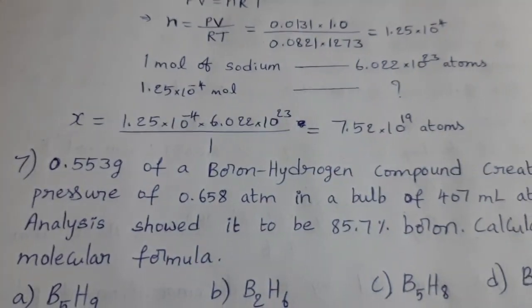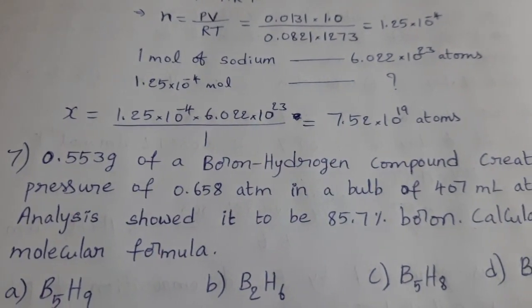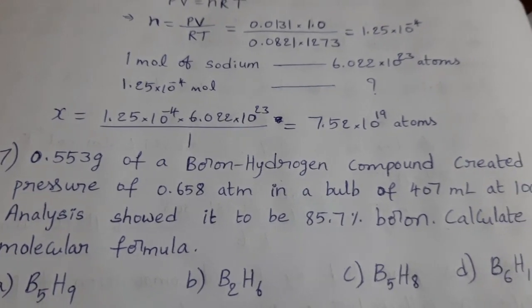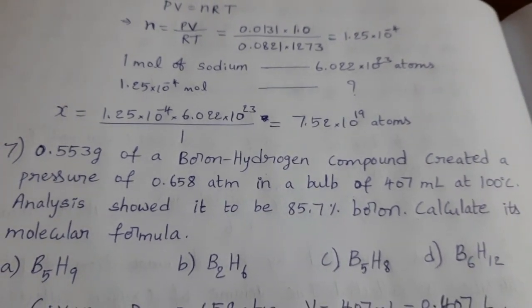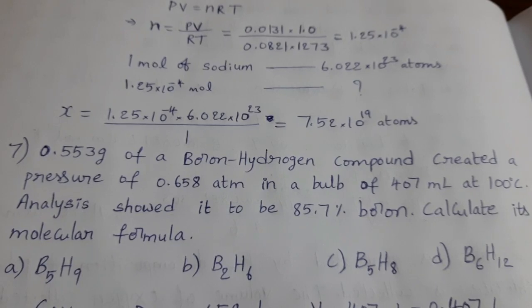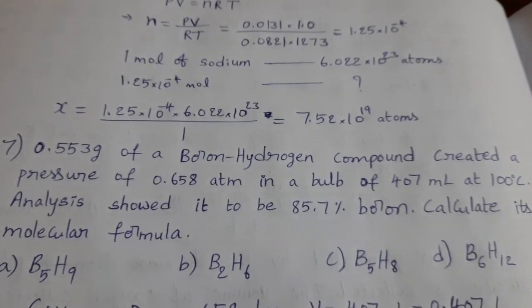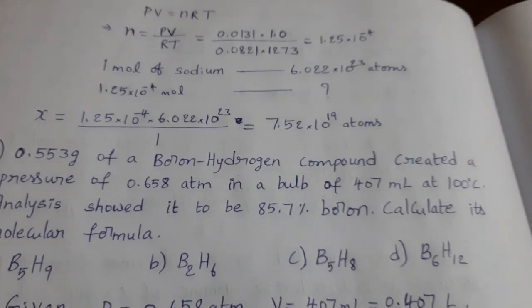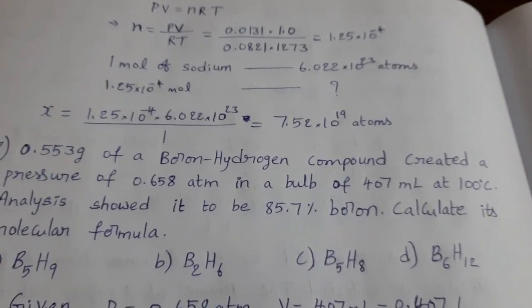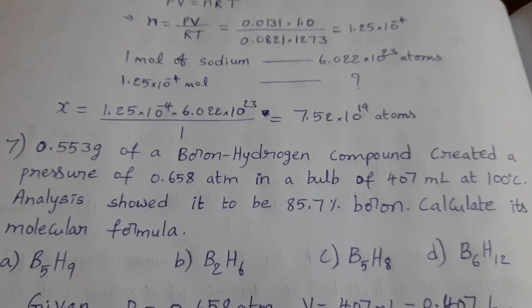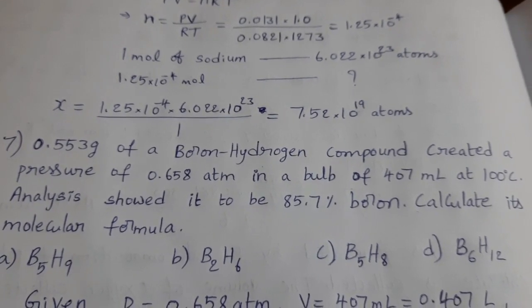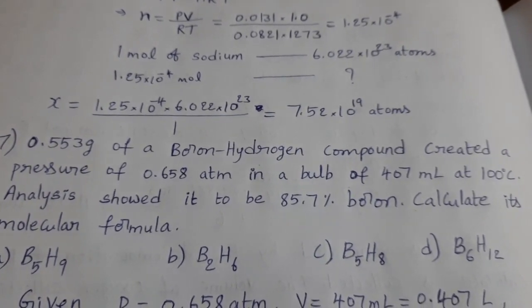Okay. Next, 0.553 grams of a boron hydrogen compound created a pressure of 0.658 atmosphere in a bulb of 407 ml at 100 degrees Celsius. Analysis showed it to be 85.7% boron.